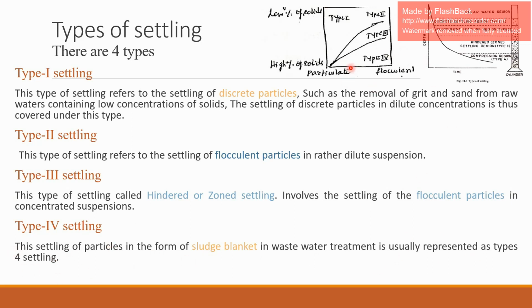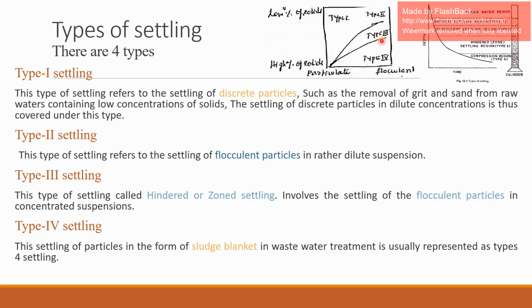So here in this graph, you can see a lower concentration of solids, a higher concentration of solid particulates, and flocculated. So type 1 always lies with respect to lower solids and particulate matter. Type 2 we can see has a lower concentration, but it also has a little bit of flocculated particles.